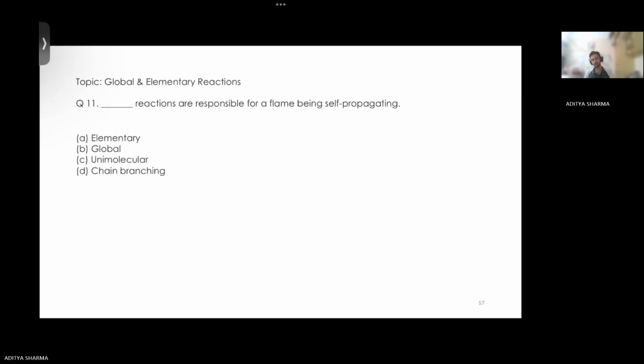So the correct answer to this question is option number D. The chain branching reactions are the ones which are responsible for the self-propagation of flames. So we have seen in the discussion of chain and chain branching reactions that in such types of reactions we see radicals that are highly reactive.